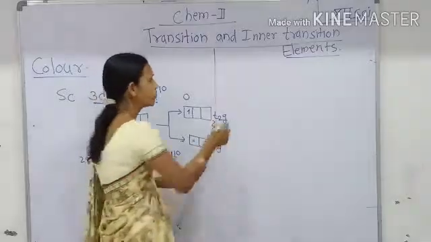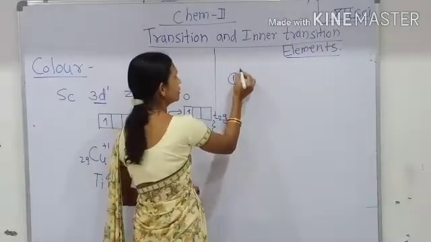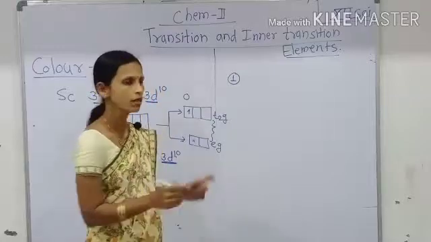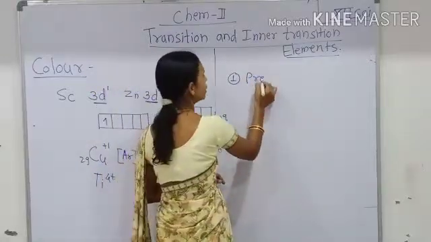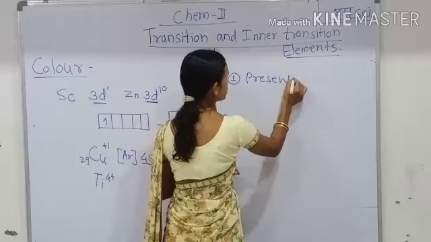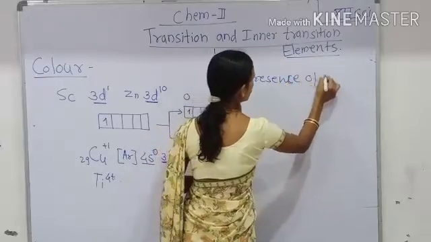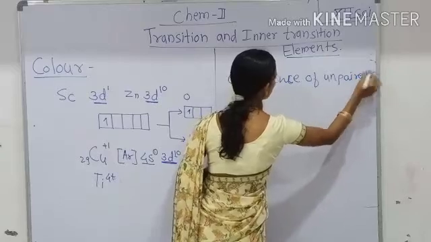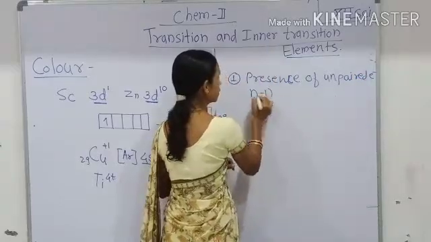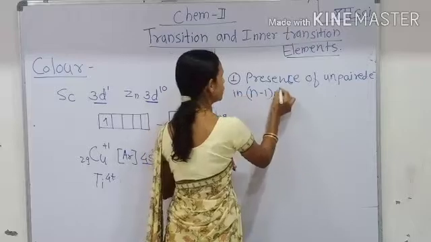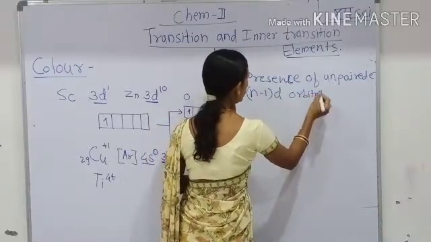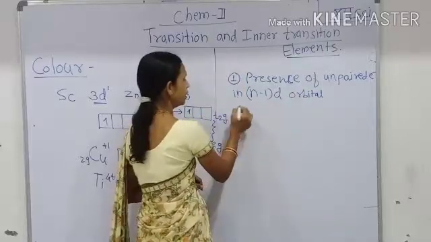First, one reason for the color of the transition element is the presence of unpaired electrons in the (n-1)d orbitals. That is one of the reasons we have discussed in detail.